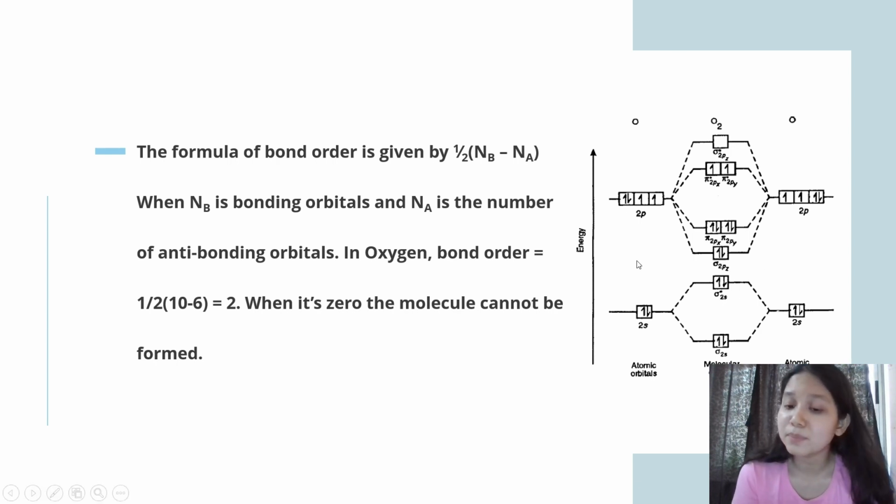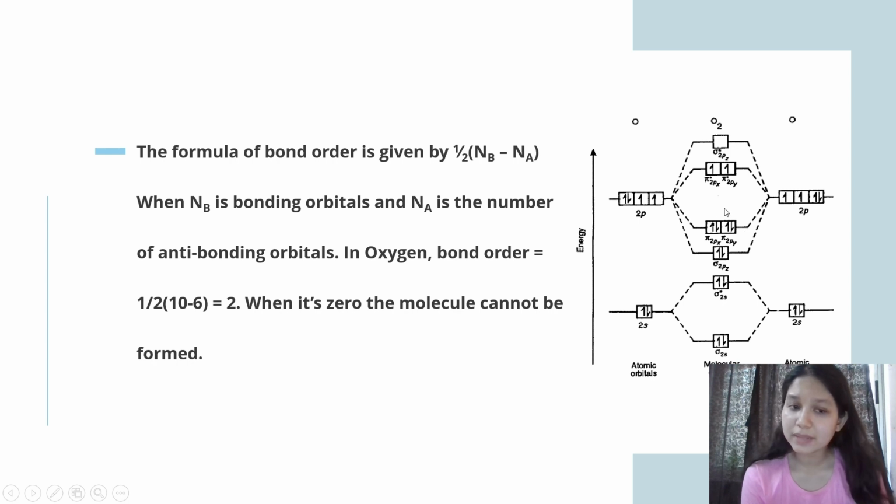So this is the molecular orbital diagram of the oxygen molecule. If you count, we can see that in sigma 2s we have 2 electrons, in sigma star 2s we have 2 electrons placed, and similarly if we go further into the higher energy molecular orbitals, we will find that the oxygen molecule contains 10 electrons placed in bonding orbitals, like you see here, these two, these two, followed by these two.